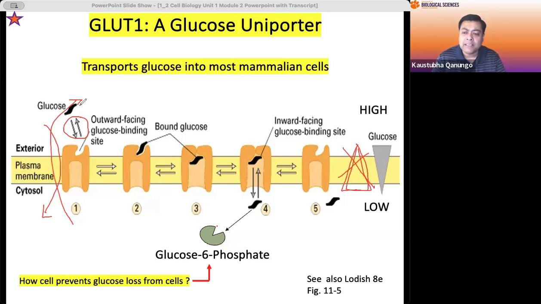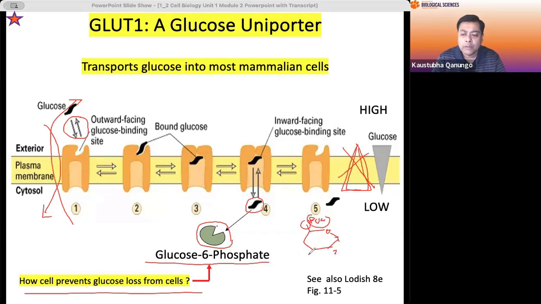So to prevent this, there is a basic built-in mechanism by which the cell prevents glucose loss. As soon as the glucose comes into the cell, a phosphate is put on it, so it becomes glucose 6-phosphate. You have the glucose molecule right here, and you put a PO4, a phosphate, here.